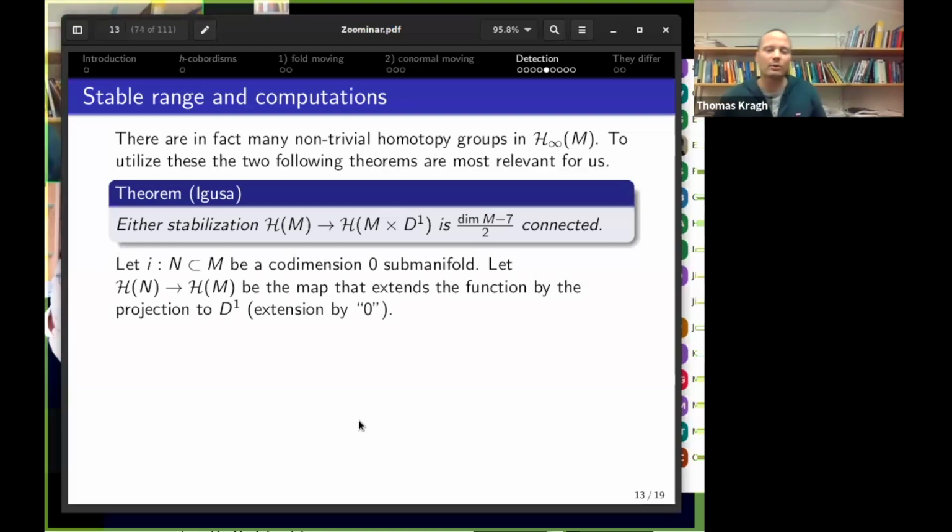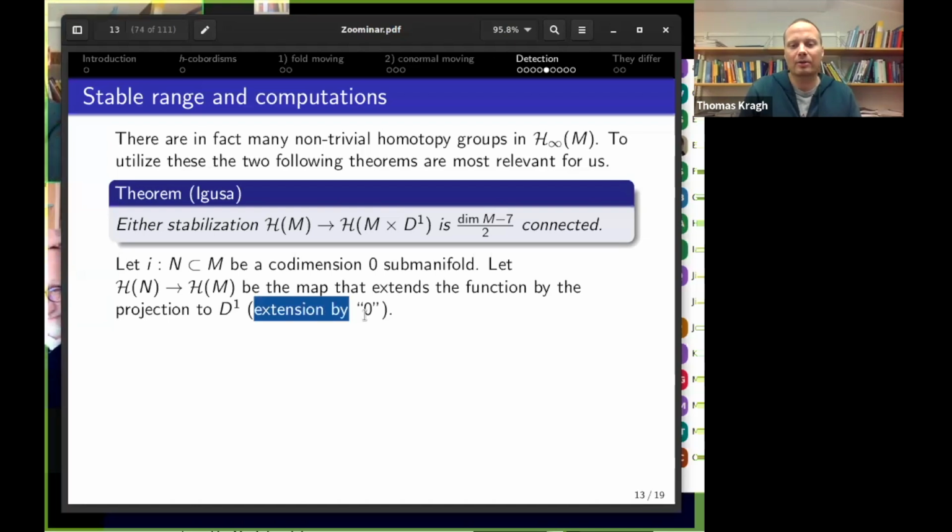Then there is some other thing you can do with these h-cobordisms. You can take an h-cobordism on N, if N is a codimension 0 submanifold. And again, the boundary of N could be pretty bad inside M. Doesn't really matter, but you get a map from H(N) to H(M) by saying that the function you had on N cross D1 looked like the projection close to the boundary, which means you can extend the function over all of M cross D1 by extending it by this projection.